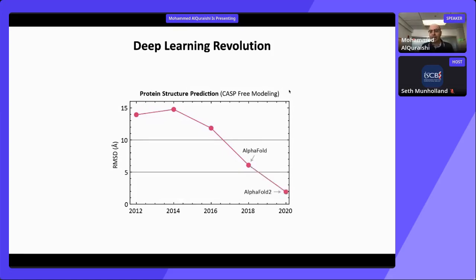So what I think shocked everybody in the space is the fact that DeepMind managed to execute on this and deliver the innovations required to go beyond that 6 angstrom line of 2018 to something that in some real sense begins to rival experimental methods.